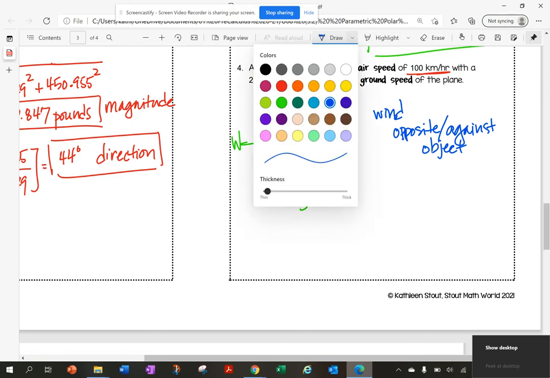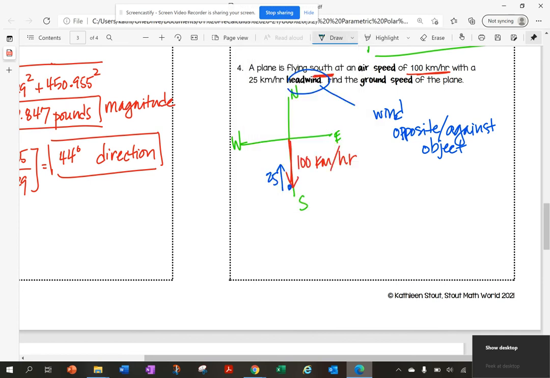My resultant vector is going to be from the initial to the final. So here's my resultant, and it is going to be 100 minus 25, so 75 kilometers per hour. And this is the ground speed again.